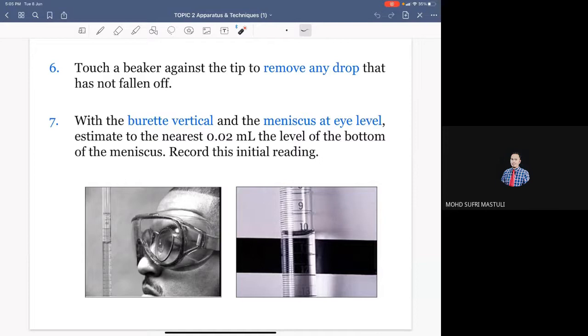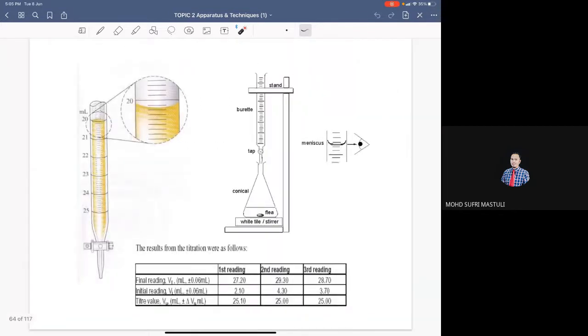Of course, the burette has to be held vertically and the meniscus at eye level, so we can record the initial reading. So this is the meniscus level, the initial reading before we start the titration.